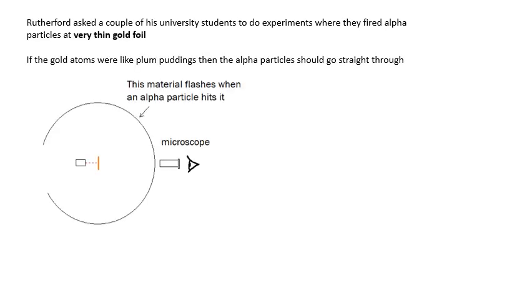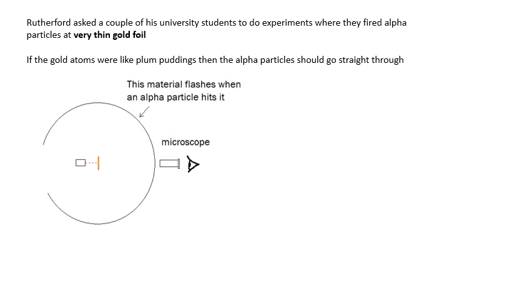So Rutherford got a couple of his students, called Geiger and Marsden, to do some experiments with this radium source, and one of them was firing alpha particles at very, very thin gold. If you bash gold long enough, it gets incredibly thin, maybe just a couple of hundred atoms thick.